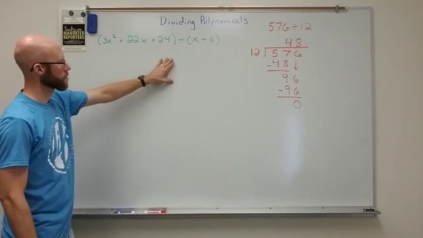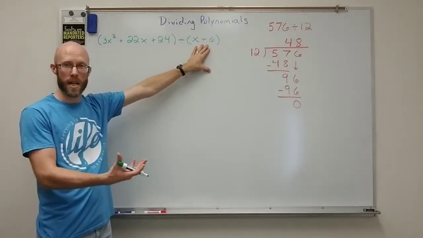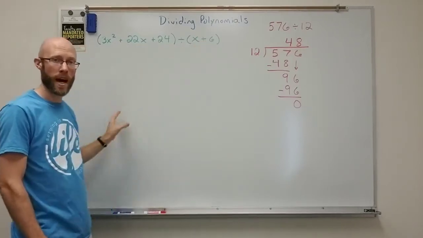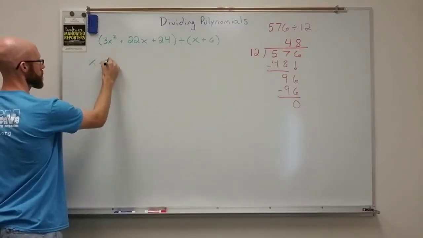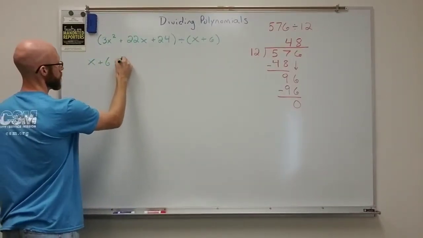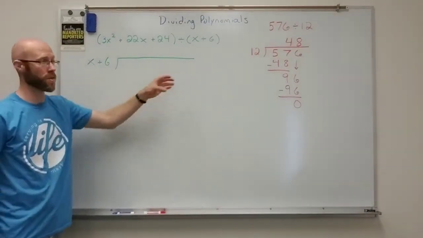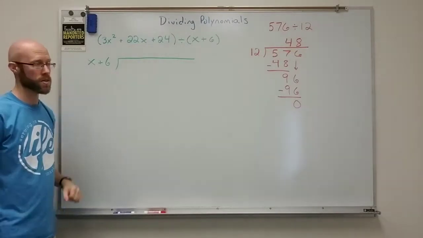So what I'm going to do is take the divisor, which is always the second one, or the denominator, whichever form it's in, and put that on the outside of the long division symbol. So I've got x plus 6, then my long division, and it's long this time, right? It's definitely long because my dividend, or numerator, has to go inside.